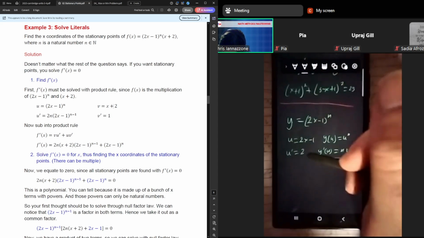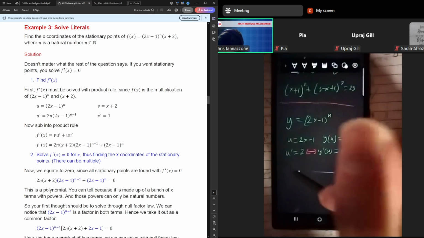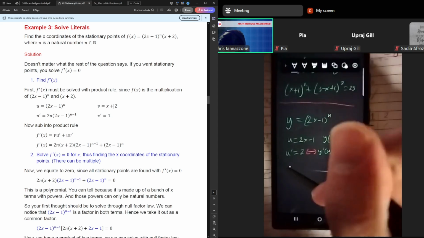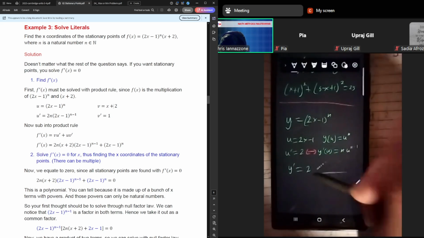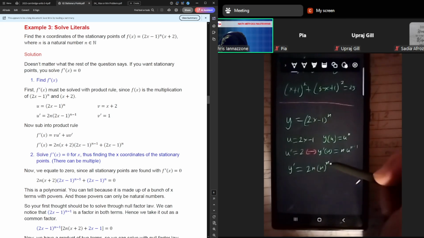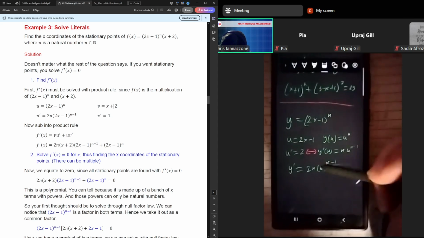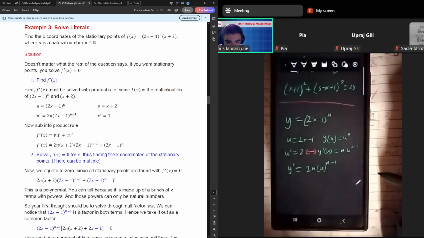Now, from there, chain rule says multiply these two things together. So the derivative of this term that we started with, y dash, is therefore going to be 2 times n times u to the power of n minus 1. Now that's great and all, but we don't want to have a u in here anymore. We do want this purely in terms of x where possible.